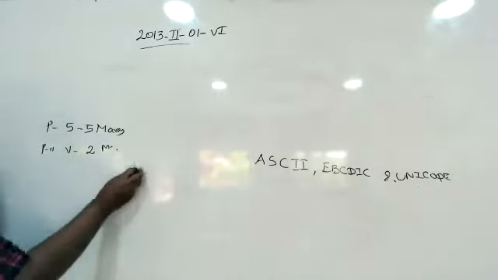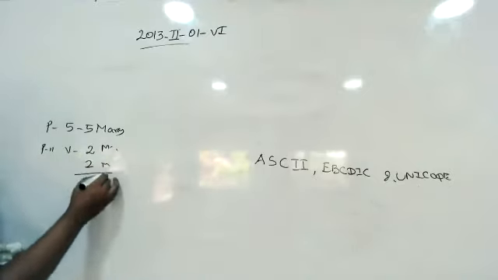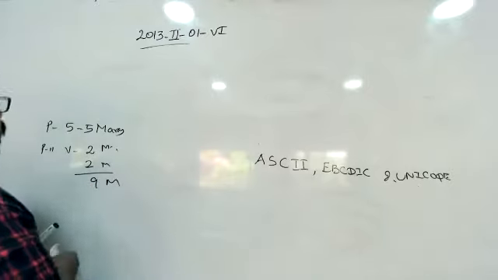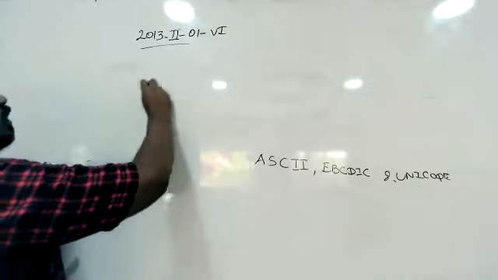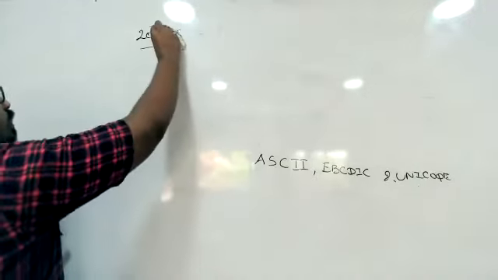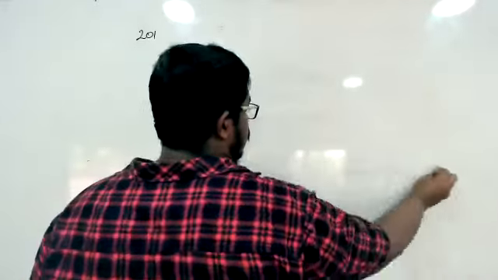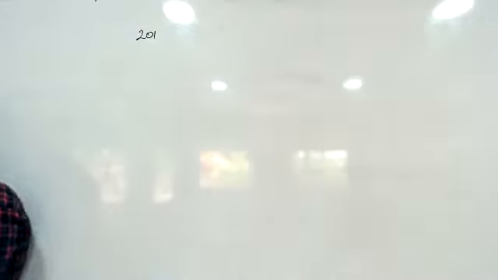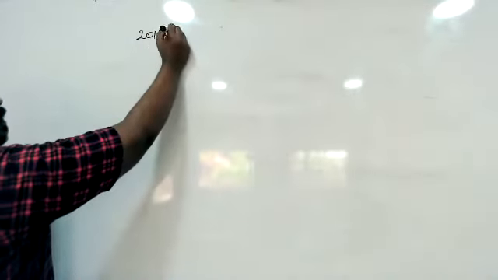So that's the end of 2013 paper. So 2 marks, totally 9 marks. Right? So average weight is 9 to 10 marks. Now I will consider 2014 paper, part 1 questions.